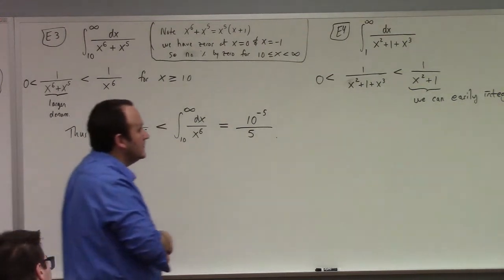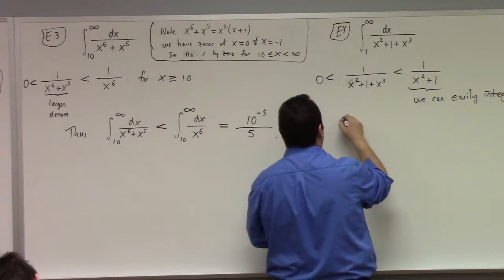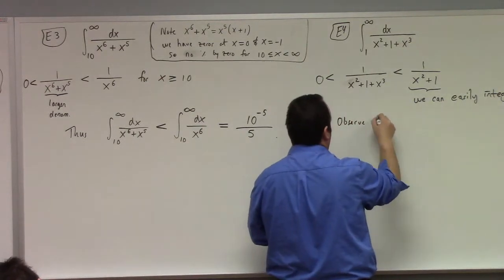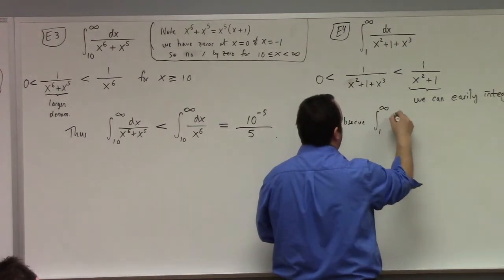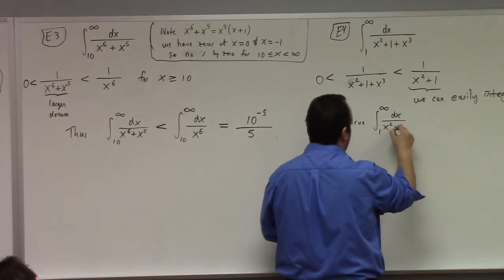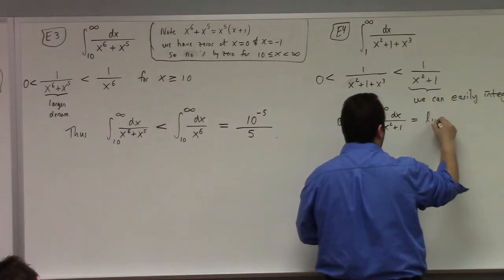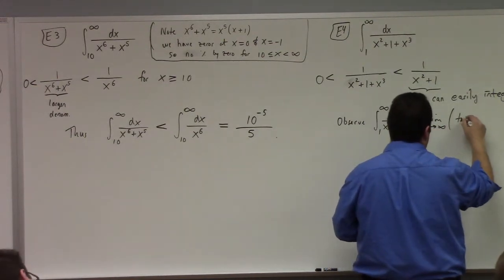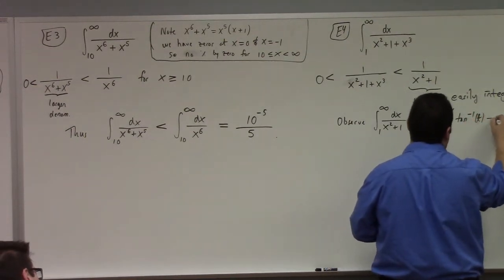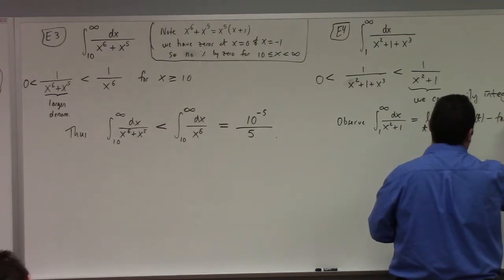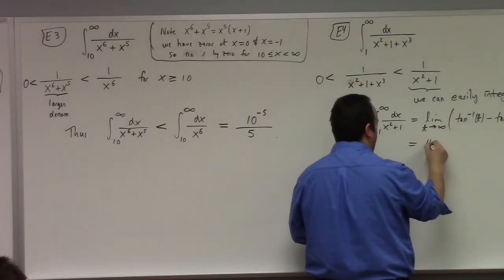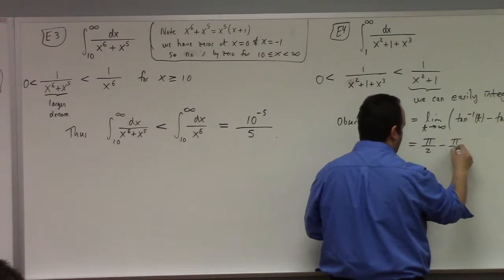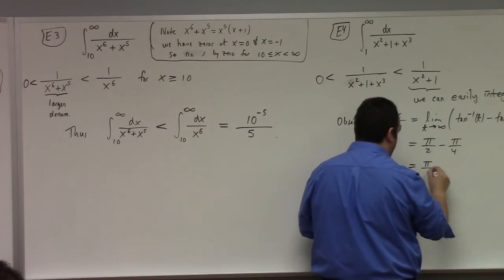So the integral from 1 to infinity of dx over x squared plus 1, what's that equal to? Yeah, inverse tangent: limit as t goes to infinity of inverse tangent of t minus inverse tangent of 1, otherwise known as pi over 2 minus pi over 4. So we got pi over 4.